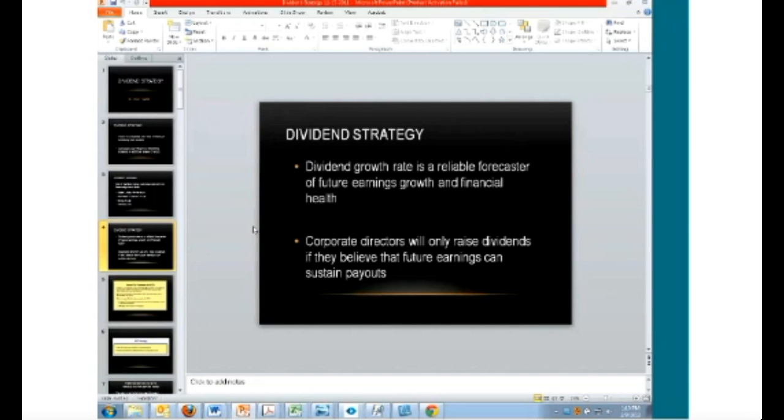So this is one of the most reliable fundamental indicators for a stock. When a company raises its dividend, it's signaling that it's doing well and it's going to have the earnings to sustain that dividend. So that's a great indicator of a healthy company that's growing its earnings. So we like to focus on those companies in this portfolio.